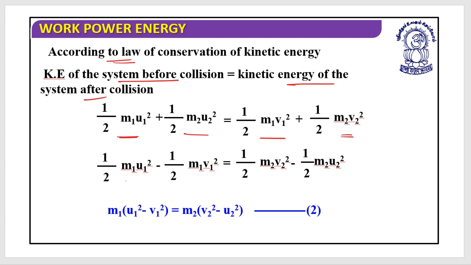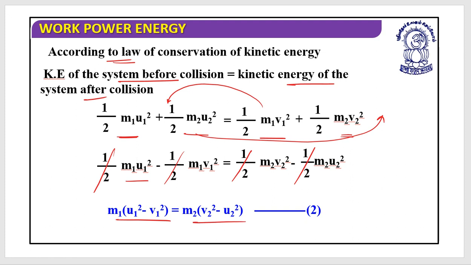Moving terms across, half m1 u1 square minus half m1 v1 square should be equal to half m2 v2 square minus half m2 u2 square. So the halves cancel, and we have m1 into (u1 square minus v1 square) should be equal to m2 into (v2 square minus u2 square). This is my second relation.